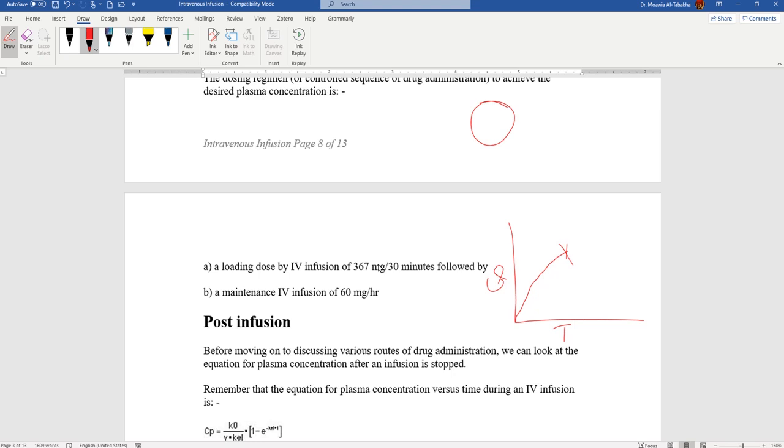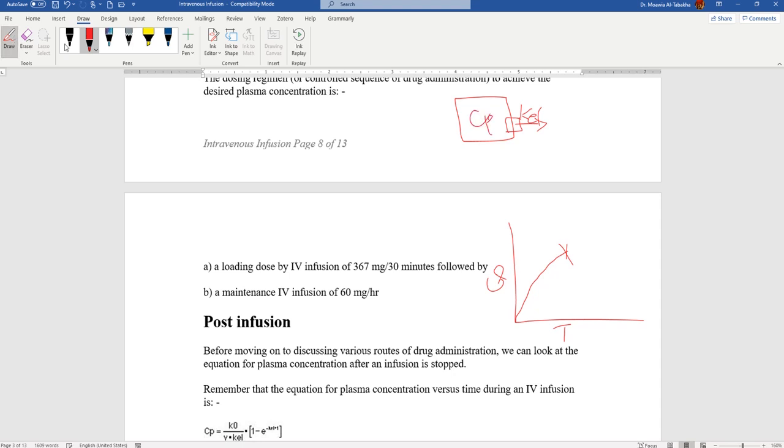the compartment model. We have KL and we have the infusion K0. Okay, and we know the equation. But if I stop the infusion, what happens? I stop the infusion, so what you have only is the elimination, right?